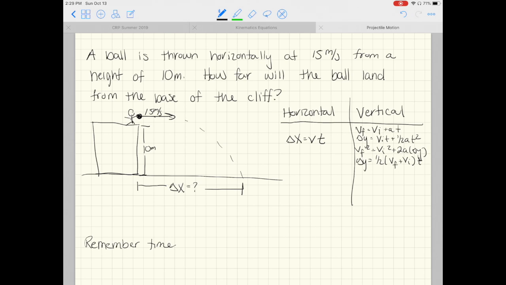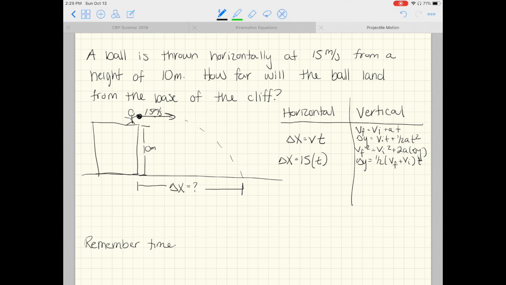So this question says I'm thrown horizontally. So that means this 15 meters per second is my horizontal velocity, not my vertical, because my vertical would be what's going up and down. This is the ball being thrown straight across, so that is my horizontal velocity. Now, I can't solve for how far because I don't know the time.